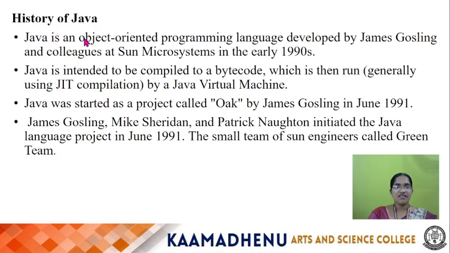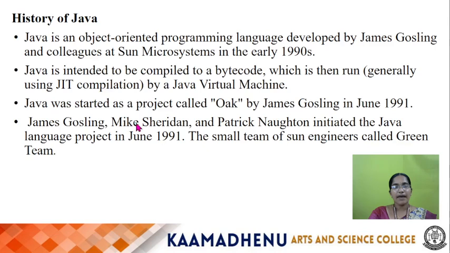So, history of Java. Java is an object-oriented programming language developed by James Gosling and colleagues at Sun Microsystems in the early 90s. Java is intended to be compiled to a bytecode, which is generally run using JIT compilation by a JVM, a Java virtual machine. Java started as a project called Oak by James Gosling in June 1991.